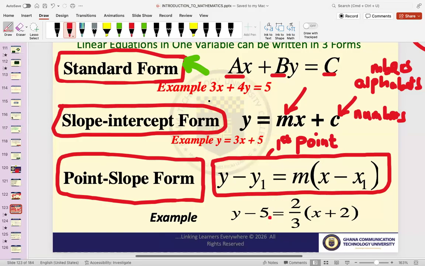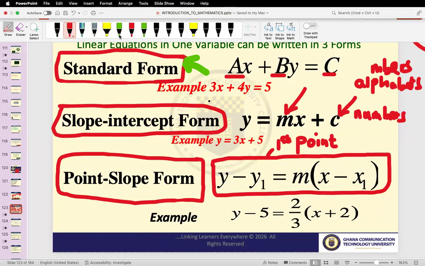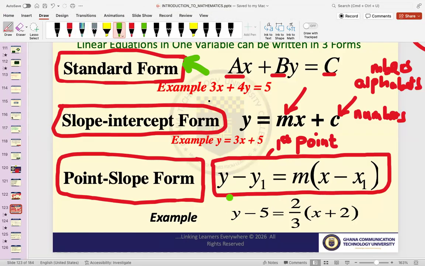And this is an example: y minus 5 is equal to 2 over 3 into bracket x plus 2, bracket close. The meaning is that this y is the y you are seeing here. Then this number appearing after the y is your y1, the first point of y.